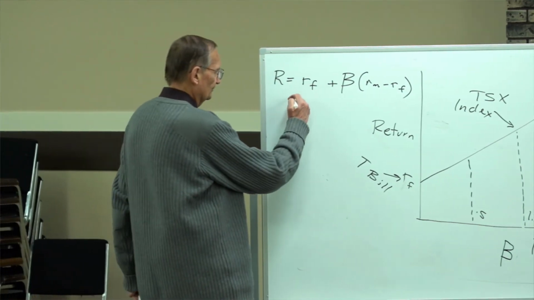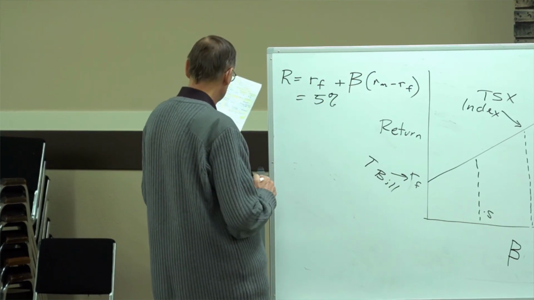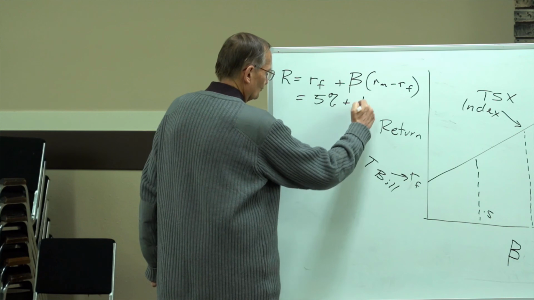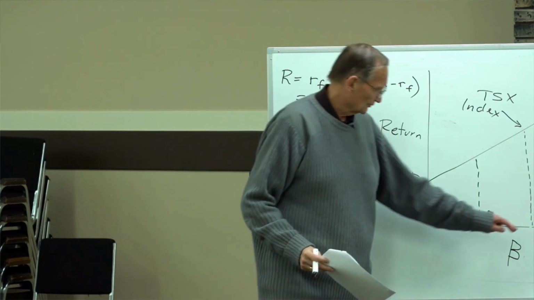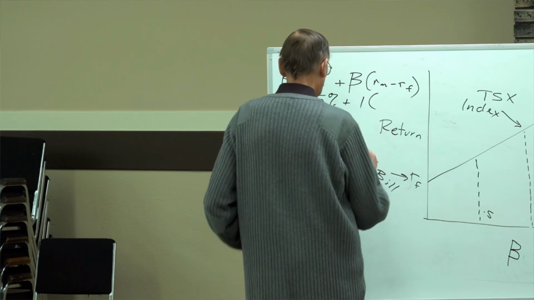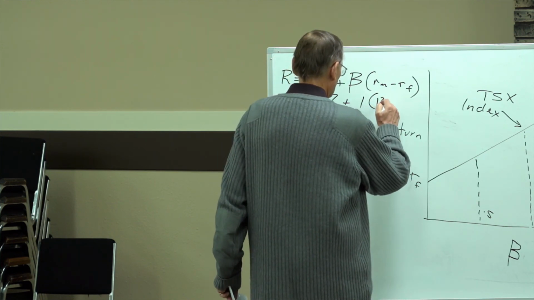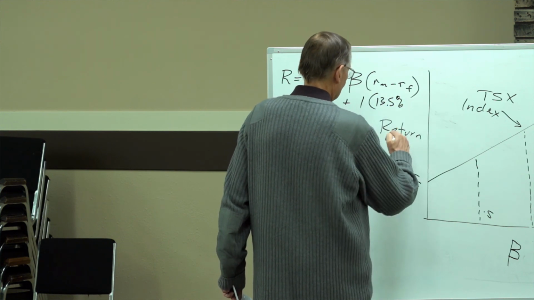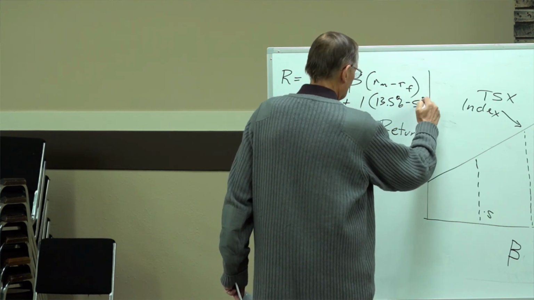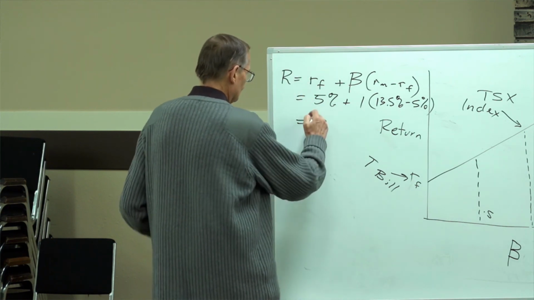So, as an example, if the risk-free rate was 5%, beta was 1. In other words, it's the actual stock market itself. And the market rate in the stock market was 13.5% minus the risk-free rate. What number would I get here?